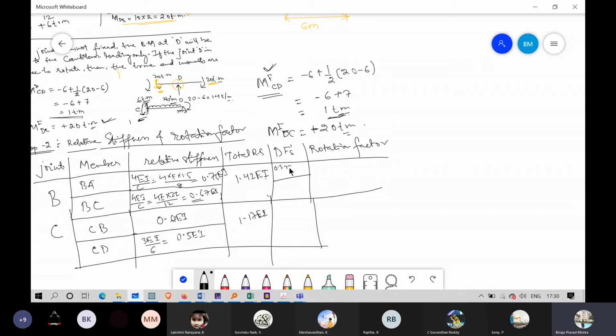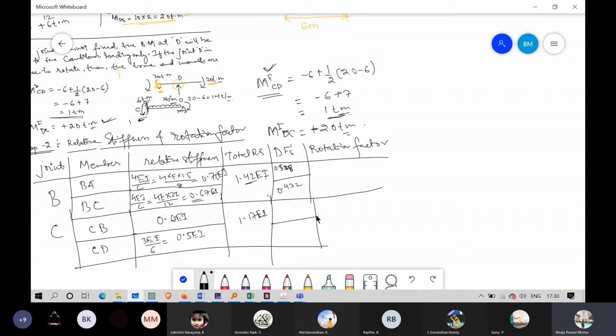Now the distribution factor will be 0.528. For this one it is 0.528. All of you please calculate this on your own, because it is 0.75 divided by 1.42, so 0.528, and this is 0.472 for BC.